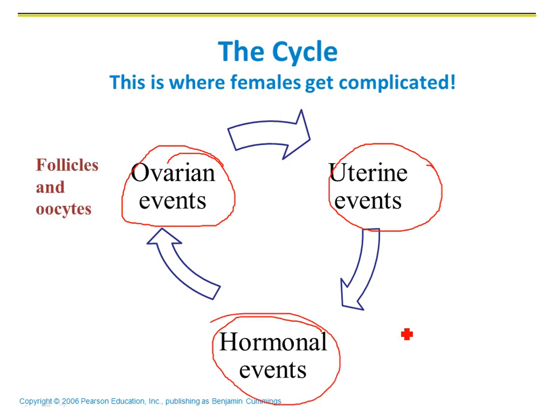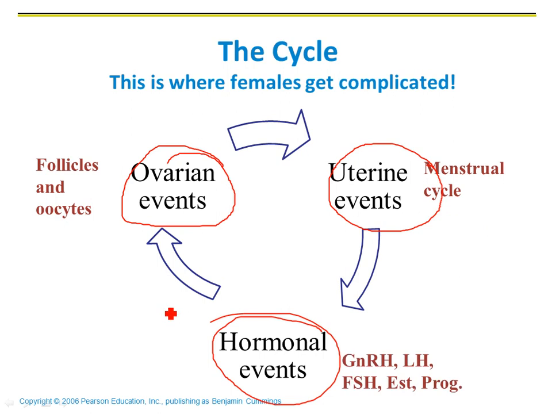So ovarian events are all about follicles and oocytes, like I just showed you, and we're going to come back to that in detail. Uterine events is the menstrual cycle. And the hormones that control all of this are gonadotropic releasing hormone, luteinizing hormone, follicle stimulating hormone, old friends from our past, and then some new friends, estrogen and progesterone.